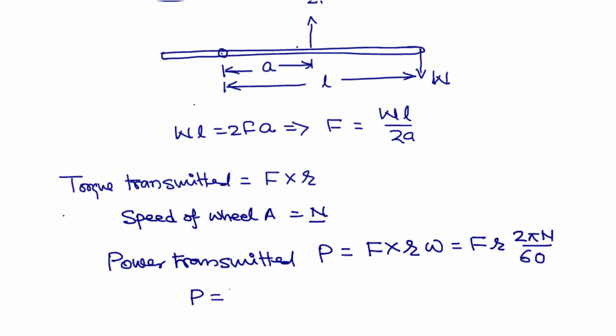Then P equals, where F equals WL upon 2A, WL upon 2A into R into 2 pi N upon 60. This is the power in watts.